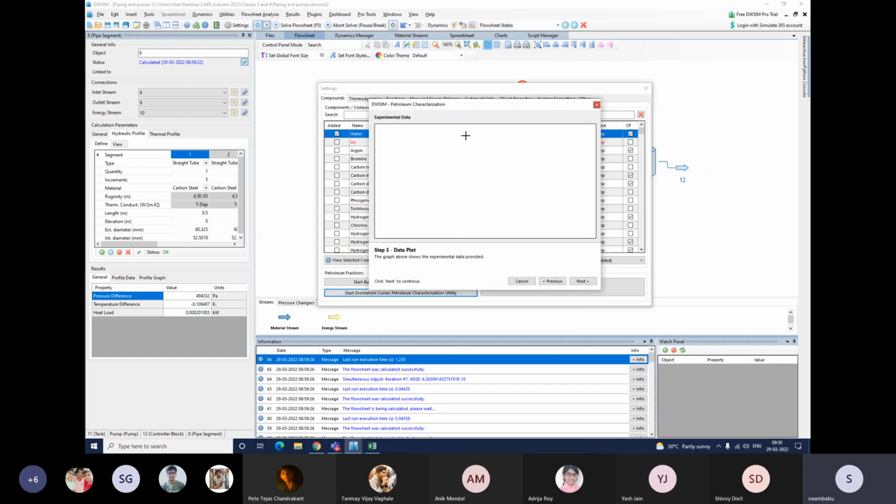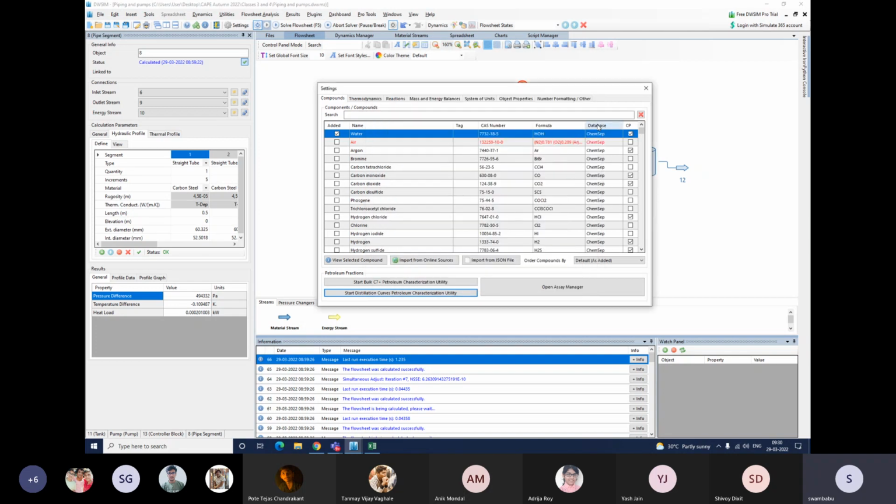Then, in step 3, from the data it plots the graph and it measures the estimated properties. Whenever you want to import a crude assay, instead of selecting components here, because we don't have gasoline or kerosene as individual pure components, we need to define the crude oil properties in this manner.